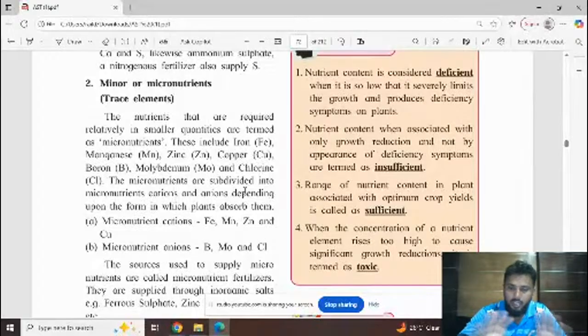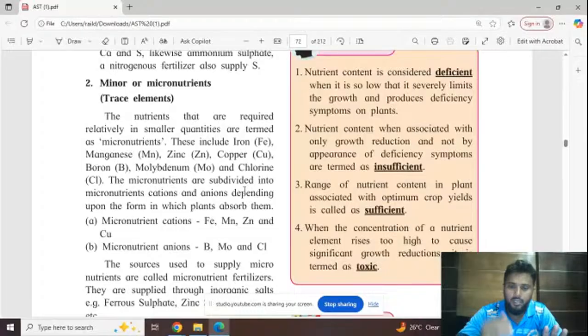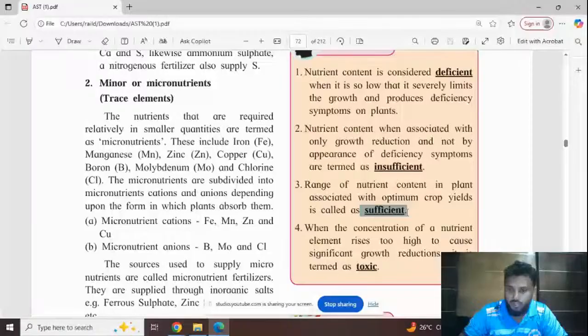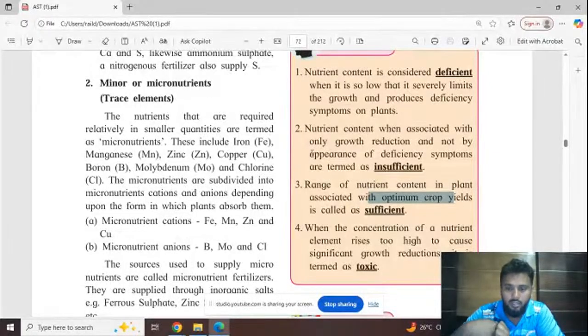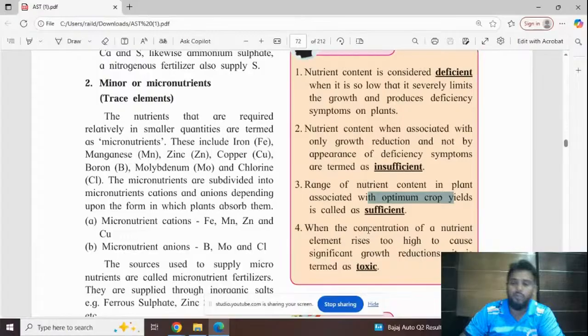This is the recommended dose. When we apply this dose, the nutrient content is going to become sufficient, and it will be good. But instead of 217 kg, if a farmer thinks that by applying more quantity of urea he is going to get more yields, he applies more fertilizer into the soil, and because of that, it becomes toxic.